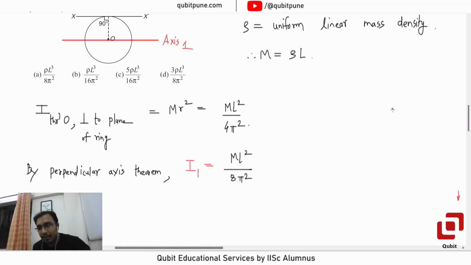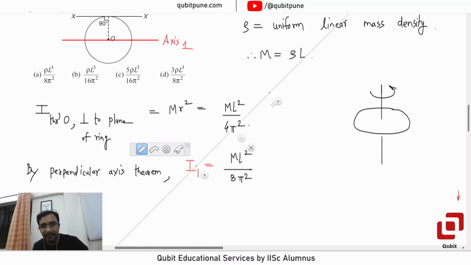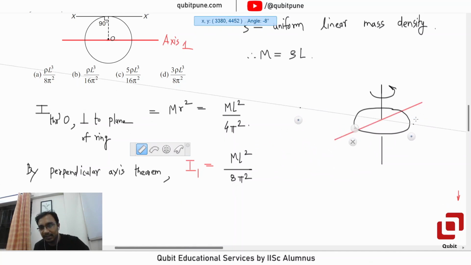Look, according to the perpendicular axis theorem, this moment of inertia is actually the addition of moments of inertia about these two axes which are perpendicular to each other. Correct?